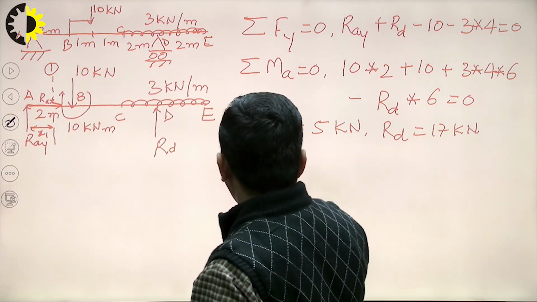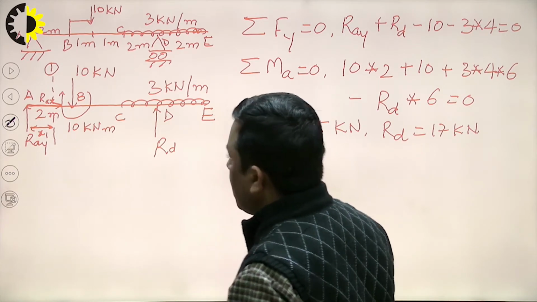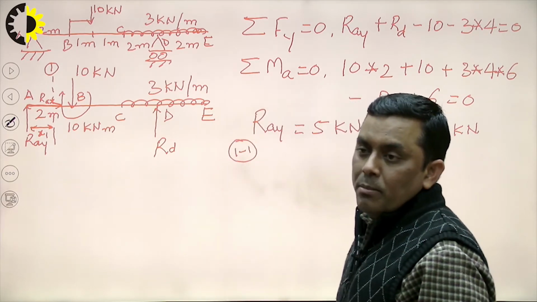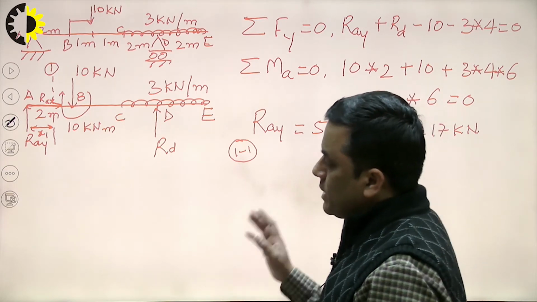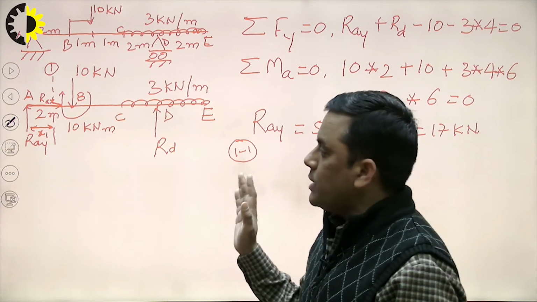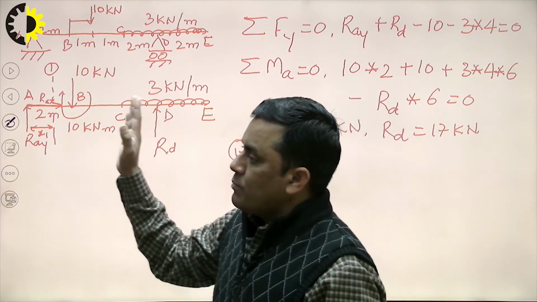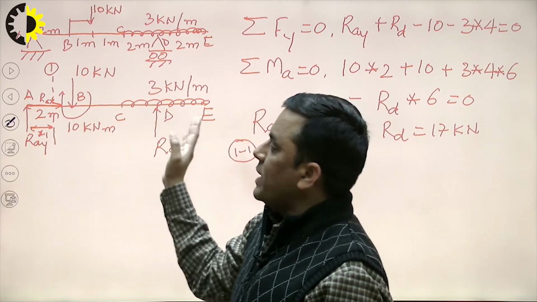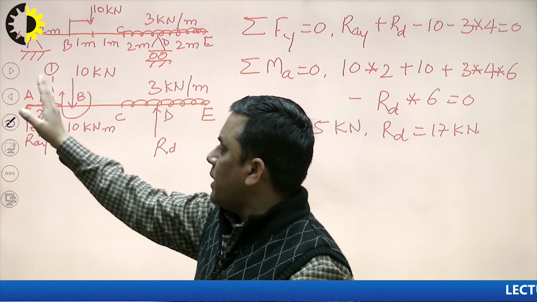Here we write section 1, which I am considering. What is the definition of shear force? Mathematically, it is the algebraic sum of all the forces acting on either side of the section plane. Either side means I can take the left side of the section plane or the right side. Here, for the ease of the problem, I am choosing the left side.